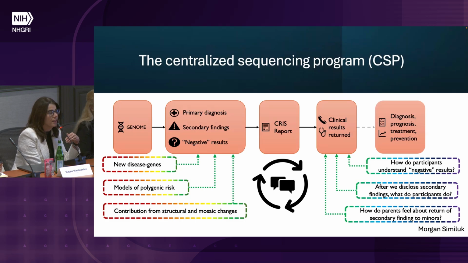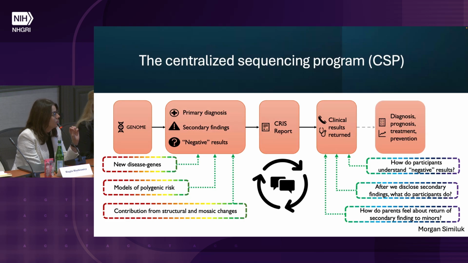The results of these studies are communicated with both the referring team as well as the patients. And then we hope that these diagnoses allow us to provide better treatment, prevention, and prognosis.